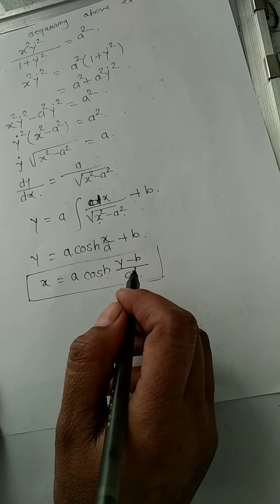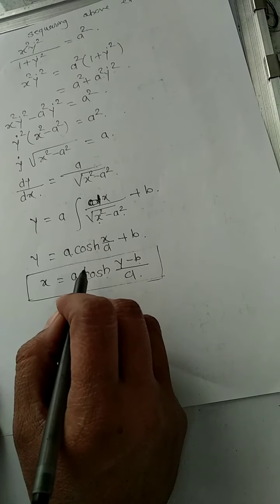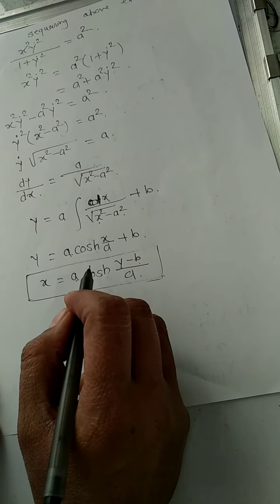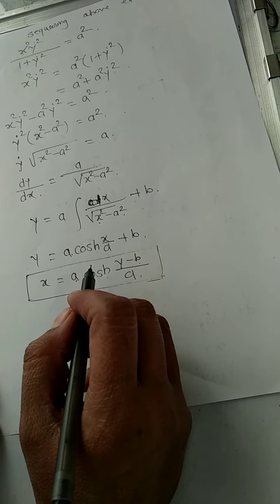Again the two constants of integration, a and b, are determined in principle by the requirement that the curve pass through the two given endpoints.